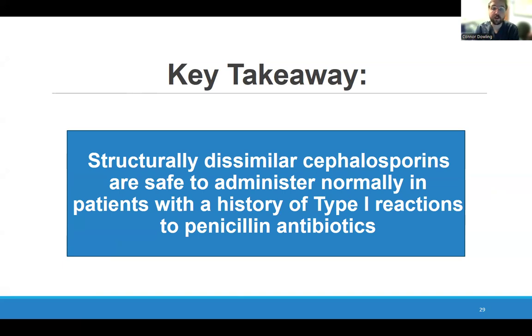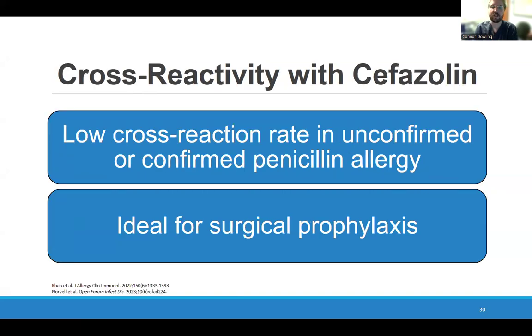And this is really well exemplified by our cross-reactivity with cefazolin, as I touched on numerous times at this point. We have a low cross-reaction rate in unconfirmed or confirmed penicillin allergy. An unverified penicillin allergy has a cross-reactivity rate of only 0.7%, whereas our confirmed allergy is around 3%.